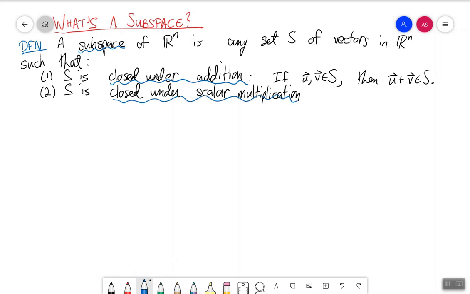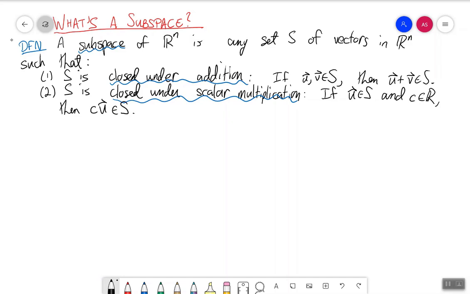Again, what does that mean? Well, it means that if U is in our set and C is any scalar, any real number, then C times our vector U is also in our set.